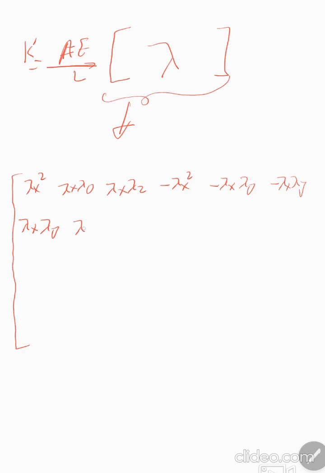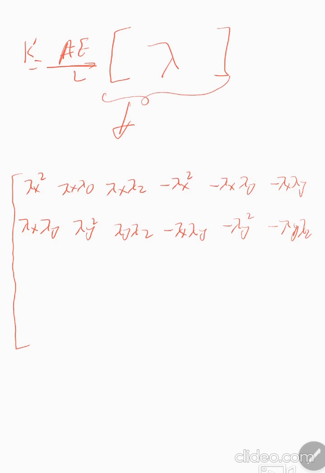Then lambda y square, lambda y lambda z, minus lambda x lambda y, then minus lambda y square, then minus lambda y lambda z.